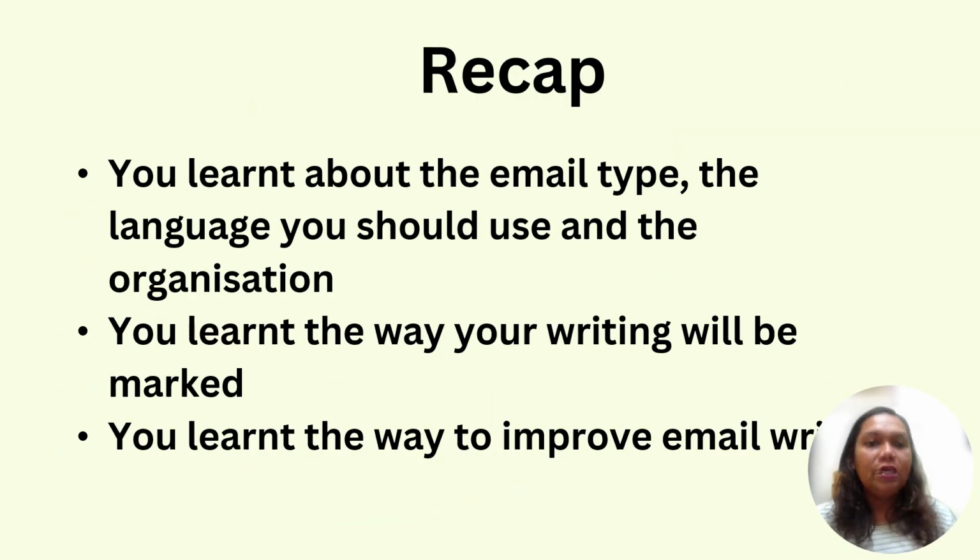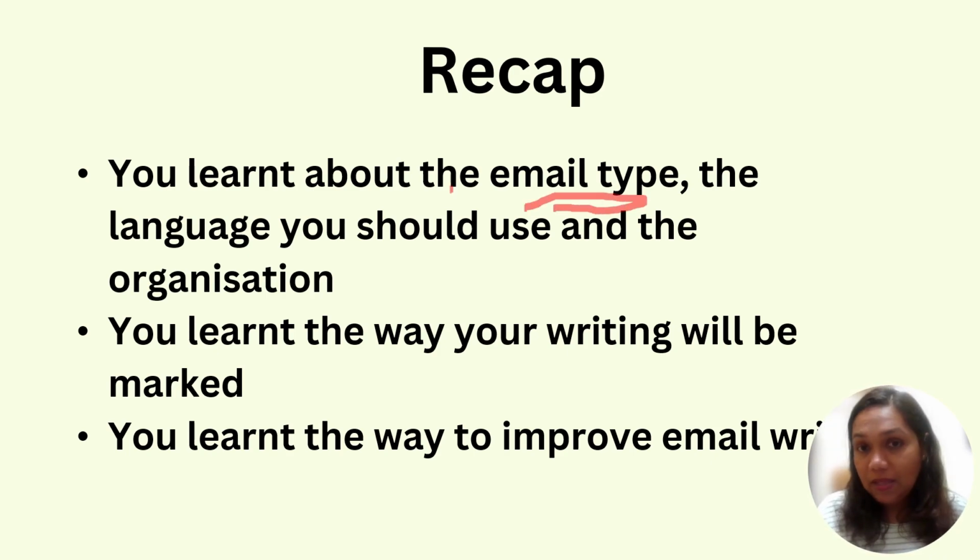So today, what we have discussed is this email type, an informal email, and the language. What type of things can we use? We discussed that we can use phrasal verbs, idioms, contractions, and cohesive devices. A lot of things we discussed, and then the organization, the paragraph alignment.